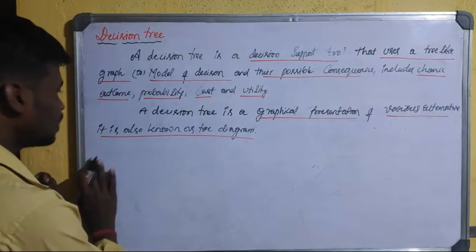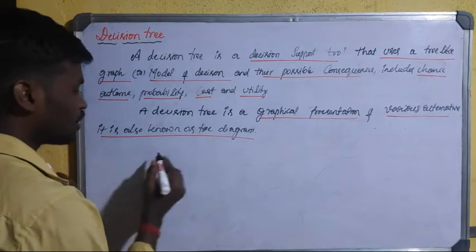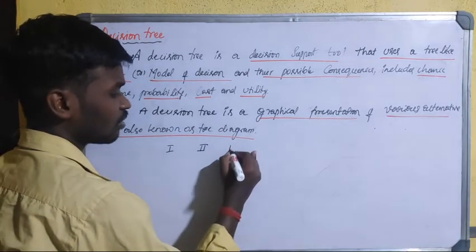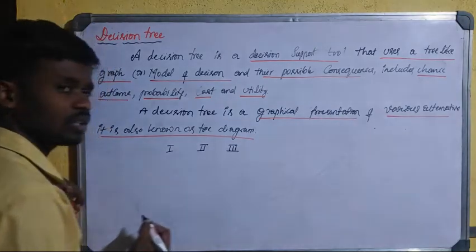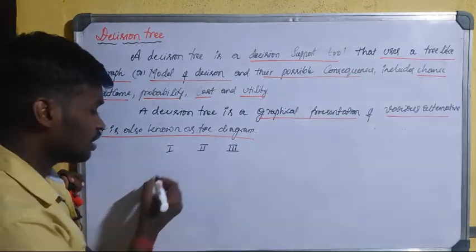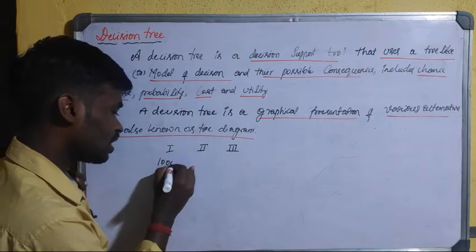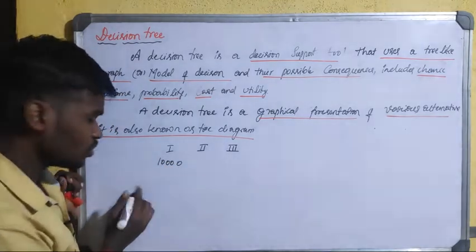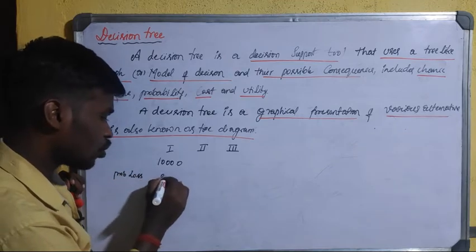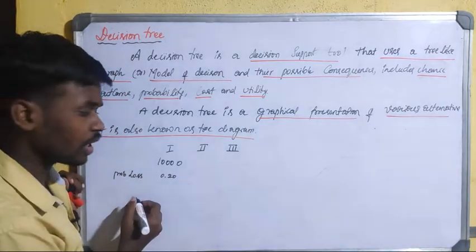Assume there are three alternatives available for the business organization: the first alternative, the second alternative and the third alternative. If the business organization invests 10,000 in the first alternative, the probability of loss is 0.20.